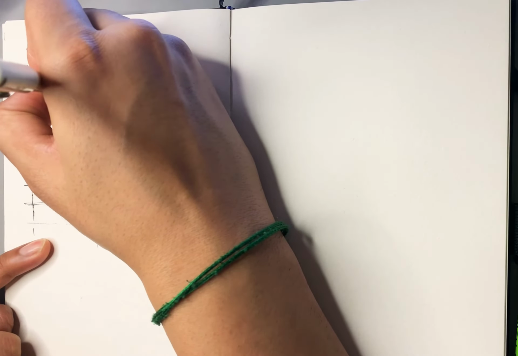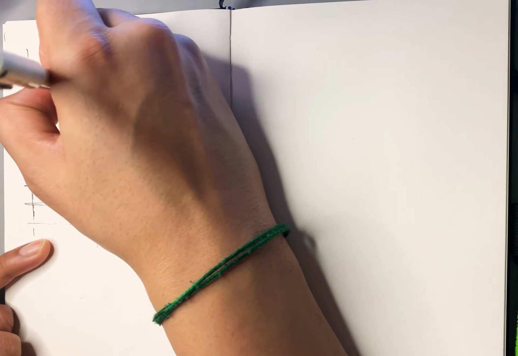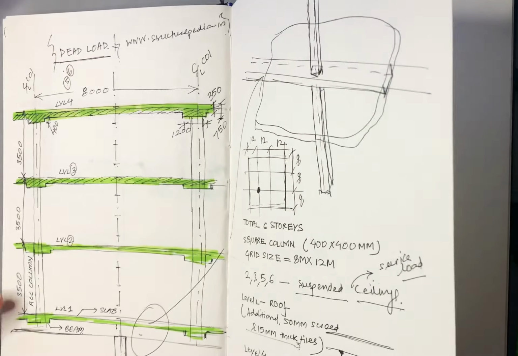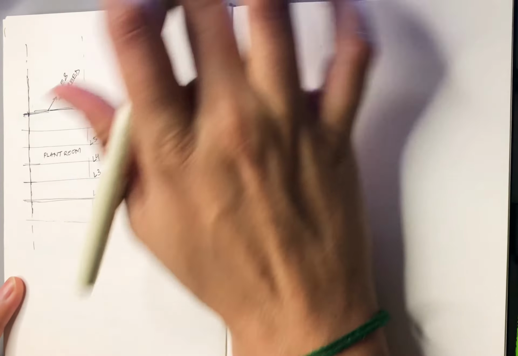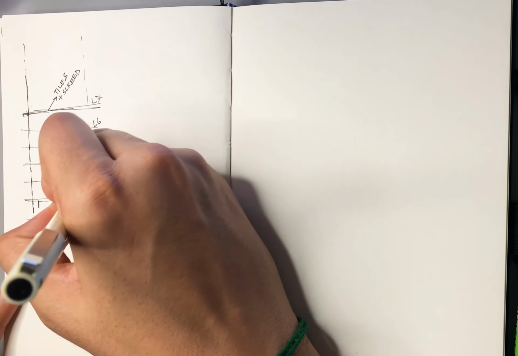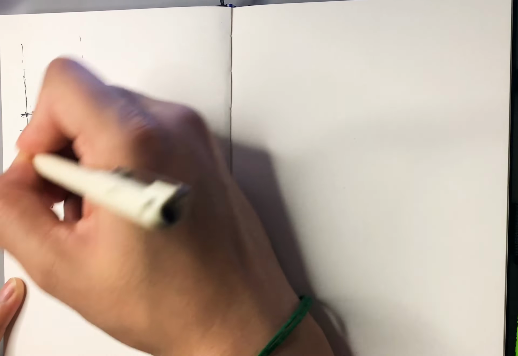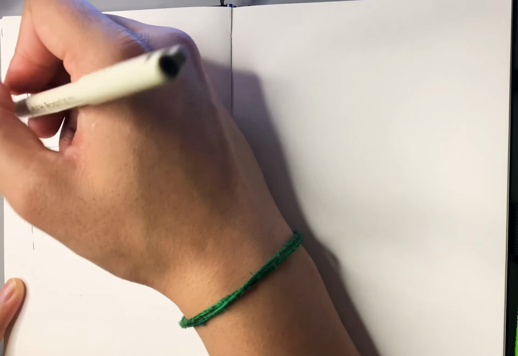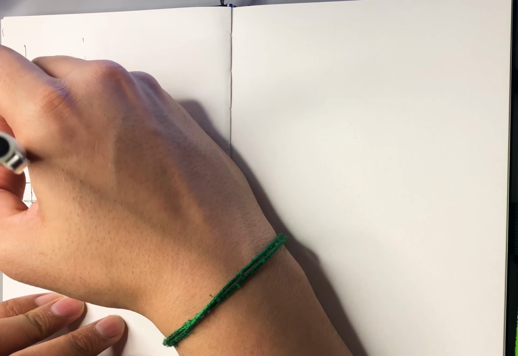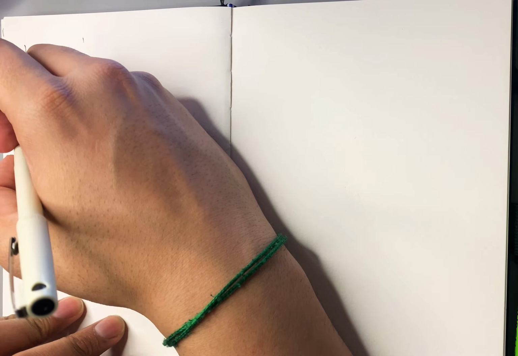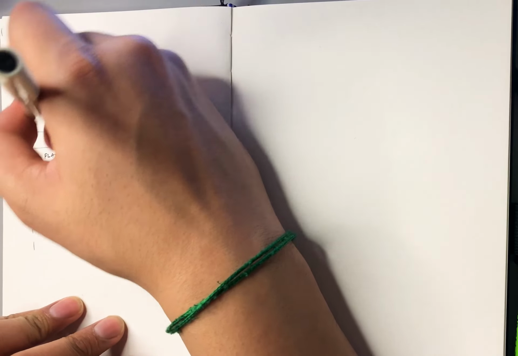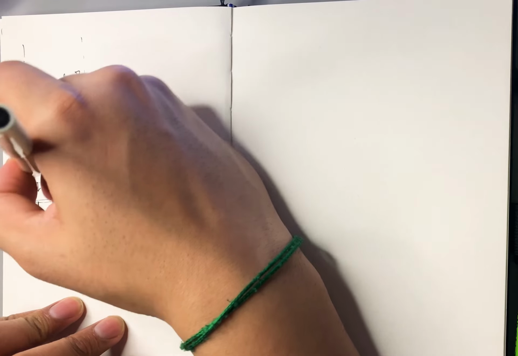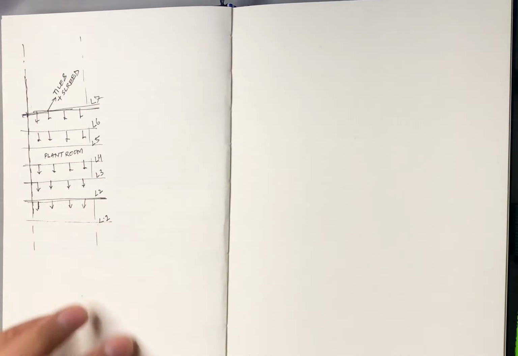Here we have tiles plus screed. And in levels 2, 3, if you have some suspended services, 3, 5, 6, all of them we have, but we don't have anything in the plant room.